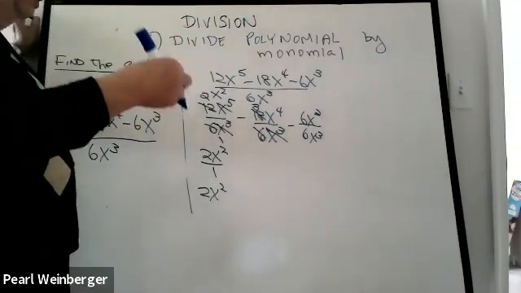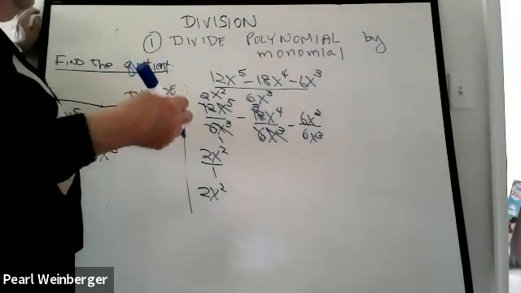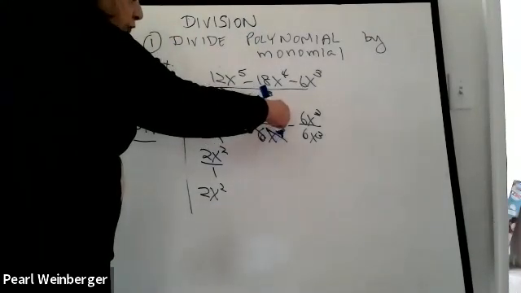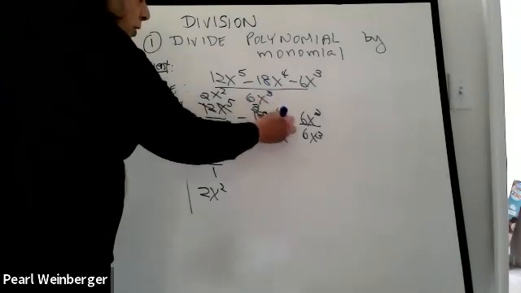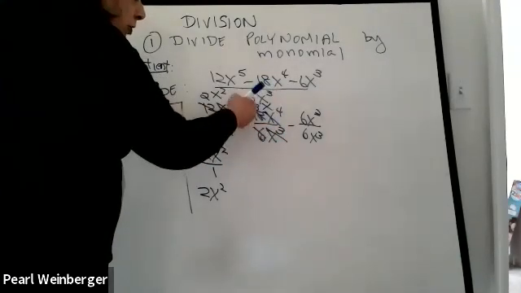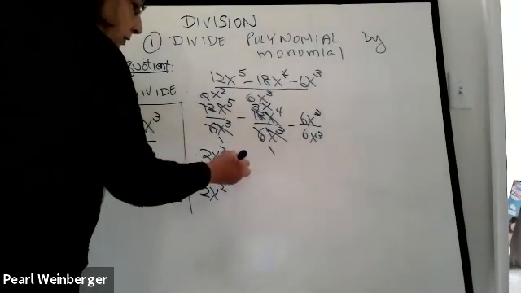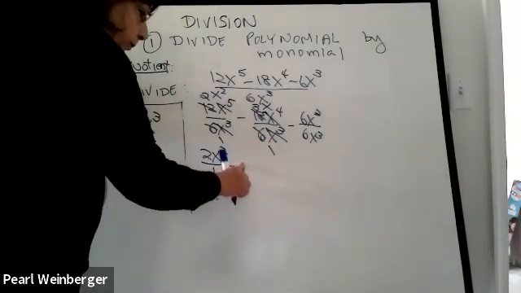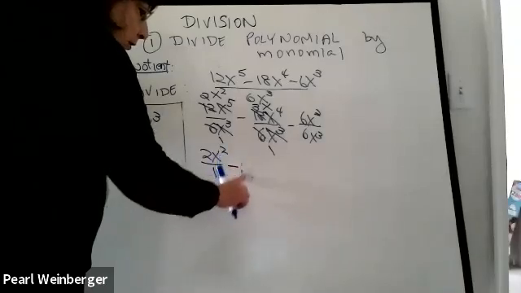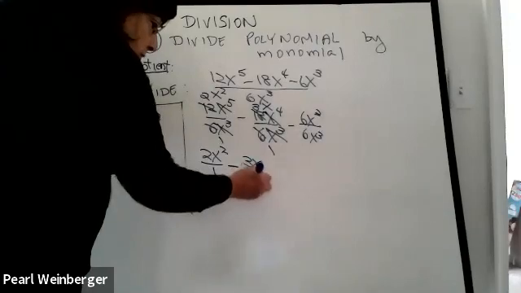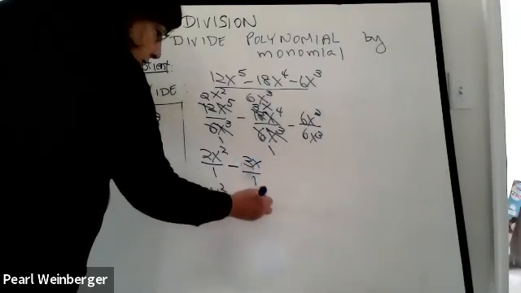Sometimes your x's end up being in the bottom rather than on the top. It doesn't matter. In this case, the higher one is a 4. 4 minus 3 is 1. So we're left again with a 3x on the top and a 1 on the bottom. That's minus 3x over 1, which I could just write as 3x.